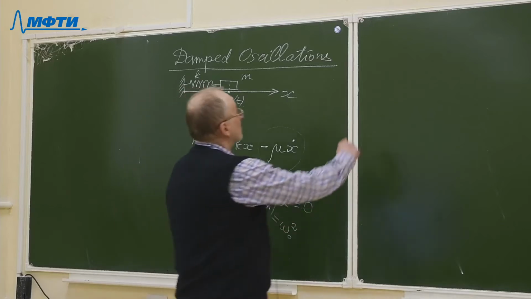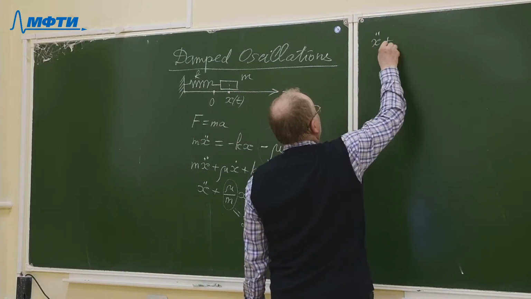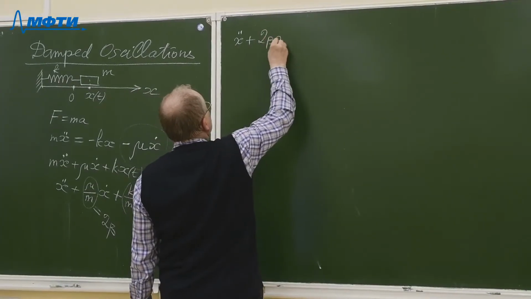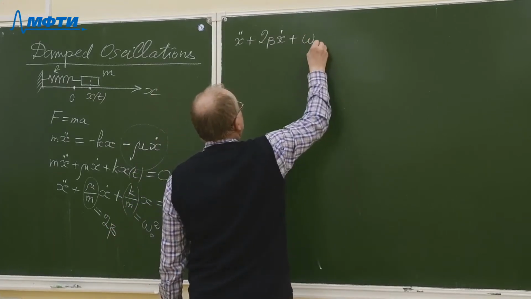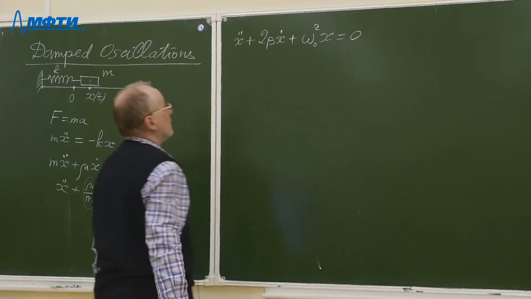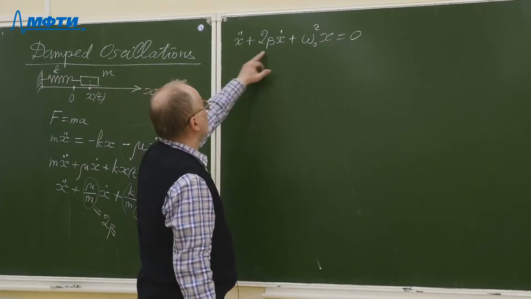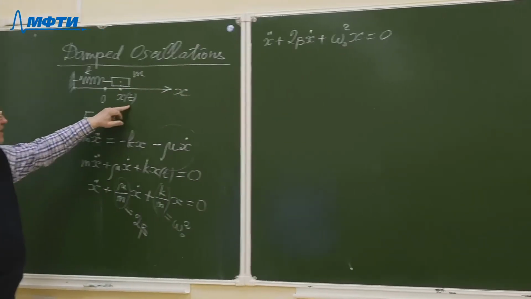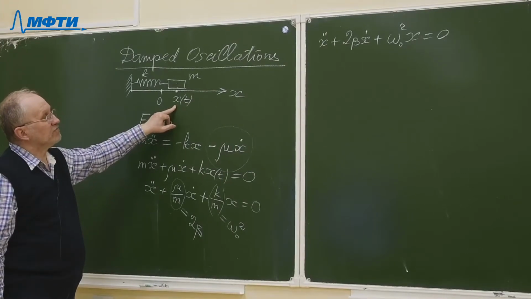So finally we obtain this equation: x double dot plus 2 beta x dot plus omega 0 squared x equals 0. And we have to find this unknown function x as a function of time. X as a function of time is unknown, and we need to find it.